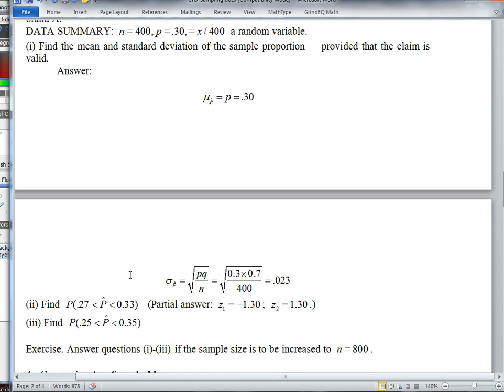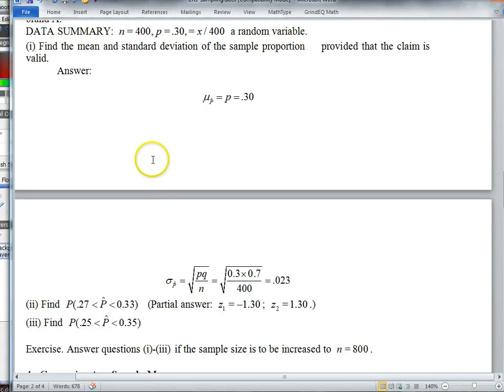So now if I pick my sample, it's extremely unlikely that in the 400 the proportion of those who prefer brand A would be exactly 0.3. But if the claim is true, the probability for the proportion to be between 0.27 and 0.33 should be fairly high, maybe over 80% or 90%.